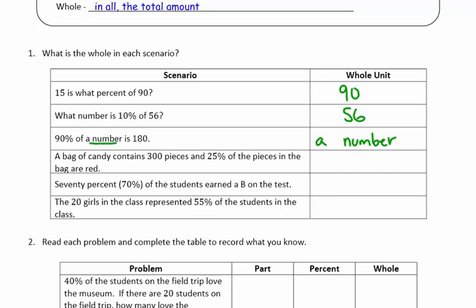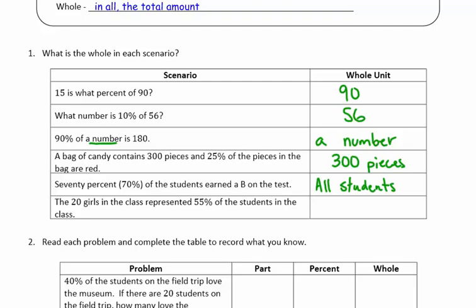A bag of candy contains 300 pieces. 25% of the pieces in the bag are red. So the whole would be 300 pieces. 70% of the students earned a B on the test. So the whole would be the total class, or all students. And the part would be the 70% of them. The 20 girls in the class represented 55% of the students in the class.